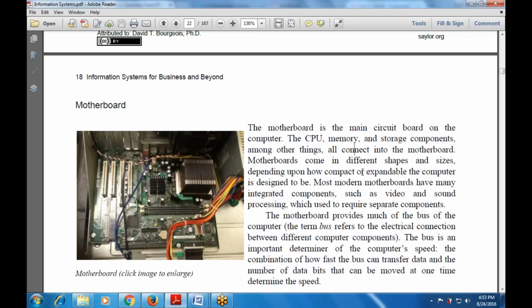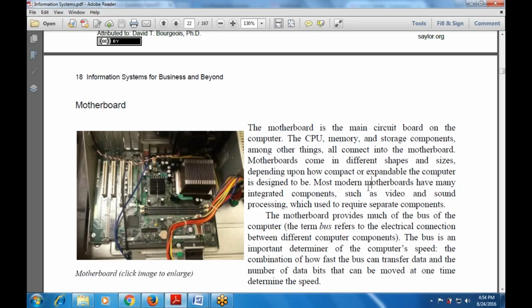So every component is connected via the motherboard. Modern motherboards have integrated components such as the video and sound card.